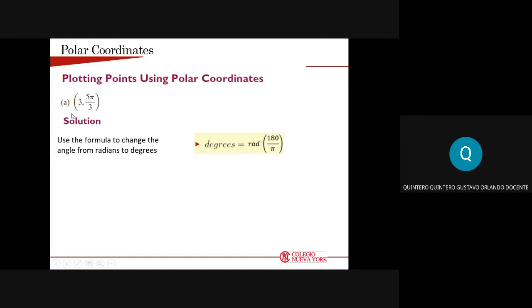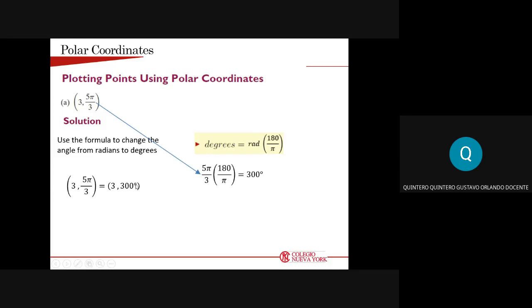Instead of the radians, we put 5 pi over 3, replace it, and then do the calculations. Here we can cancel the pi. So 5 times 180 over 3. We can do this in the calculator. And we have that 5 pi over 3 is 300 degrees.